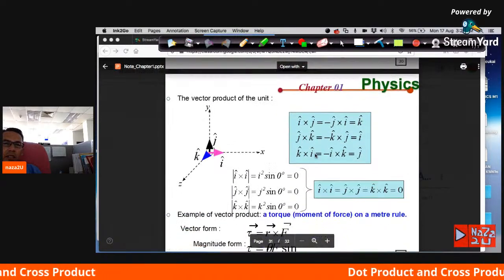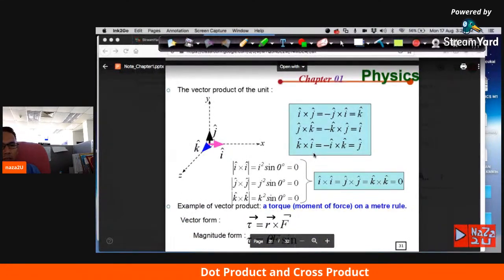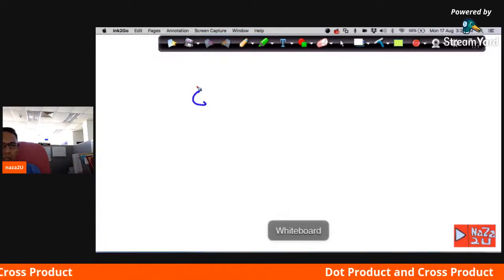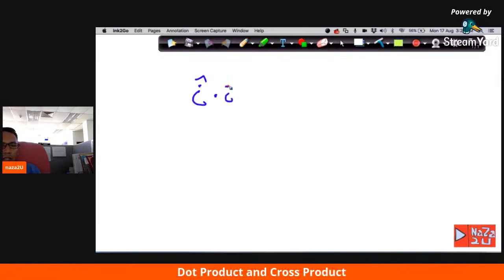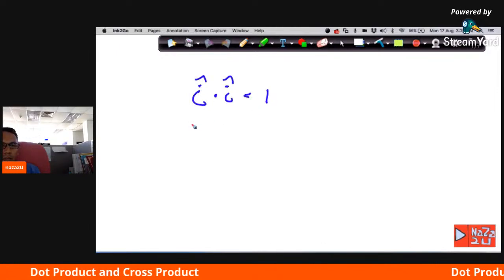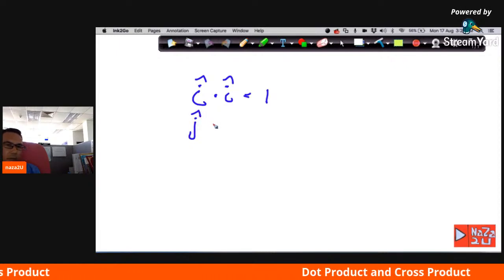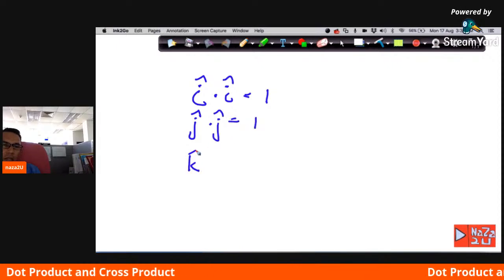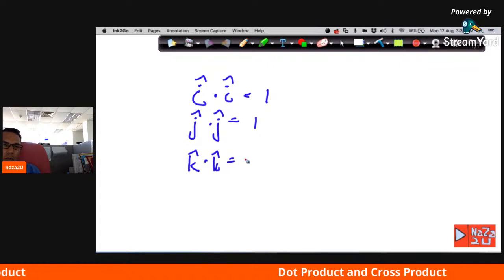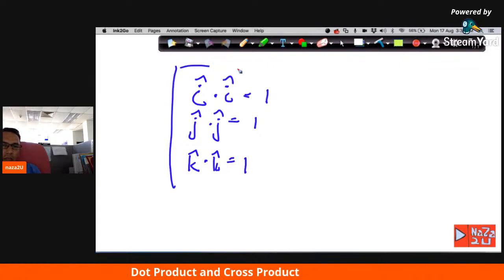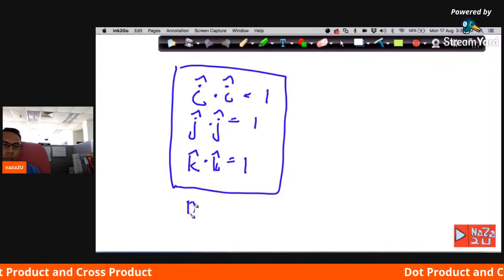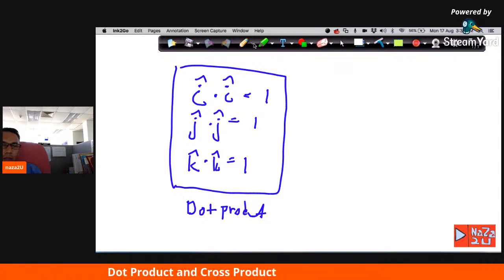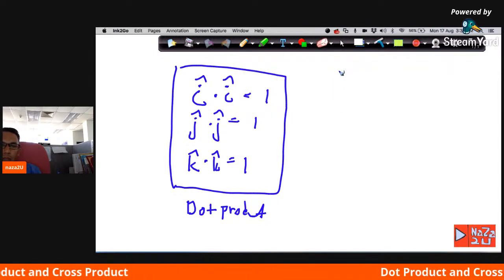Okay, next, the vector product for the unit vectors. If we look at the dot product earlier, I dot I is equal to 1, J dot J is equal to 1, or K dot K is equal to 1. This is what we call the dot product. Next we go to the cross product.